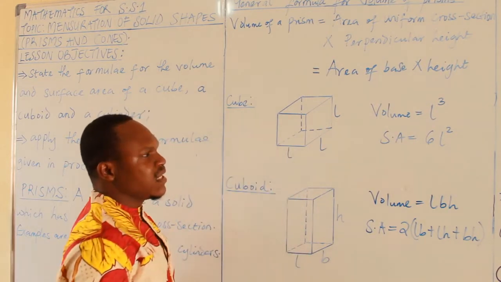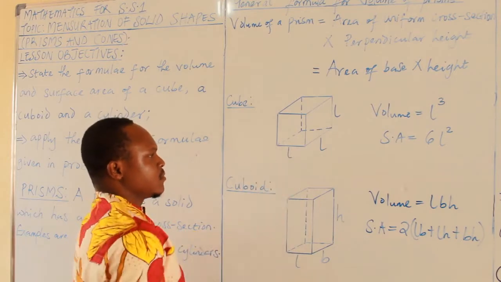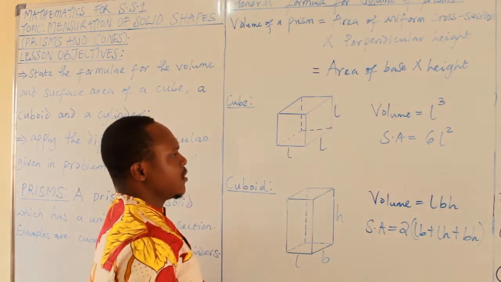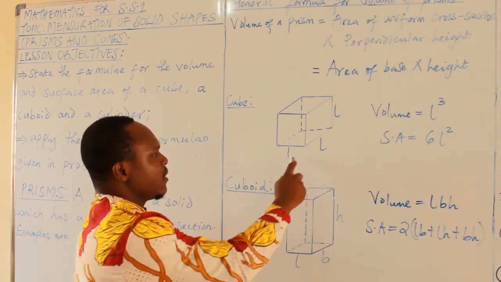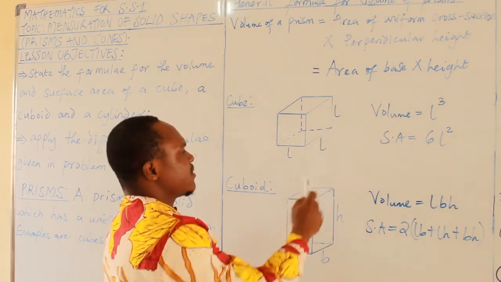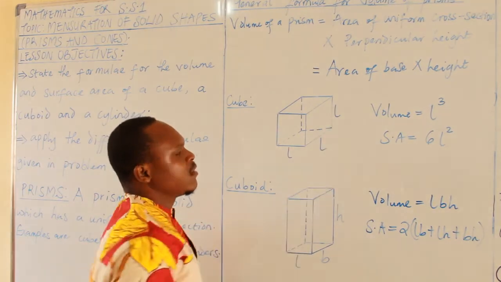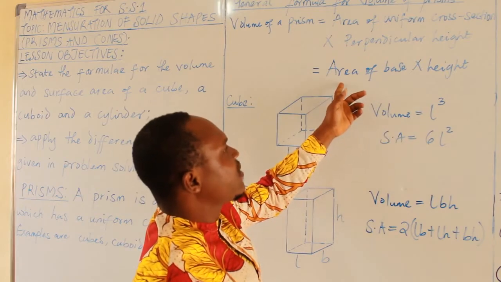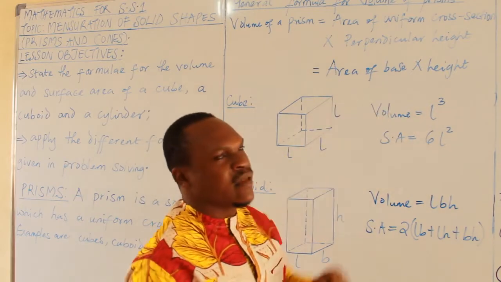Once again, the length L, the breadth L, and the height L: L times L times L gives us our volume as L cubed.